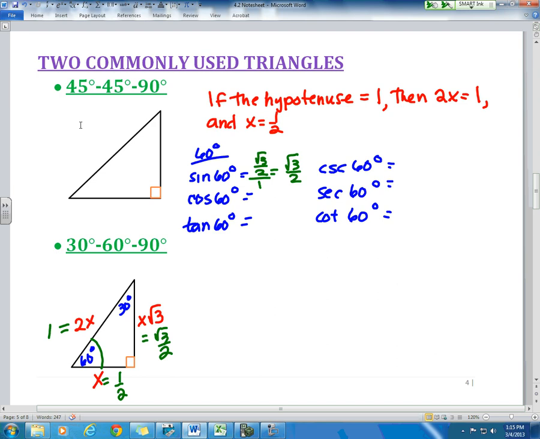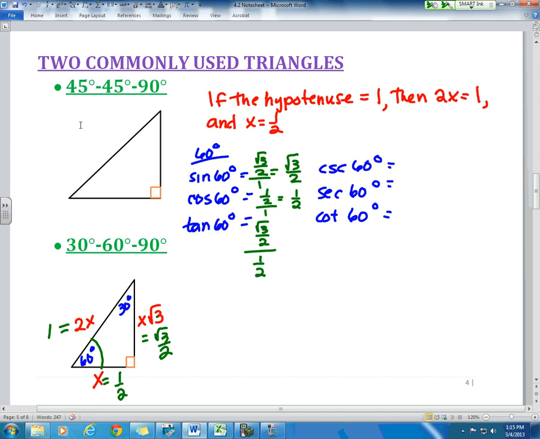The cosine of 60 degrees is adjacent, which is 1/2 over the hypotenuse, which is 1. So we just get 1/2. And the tangent of 60 degrees is opposite over adjacent. So opposite is radical 3 over 2. Adjacent is 1/2.